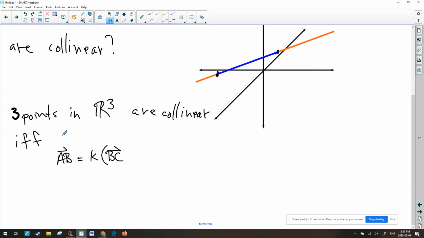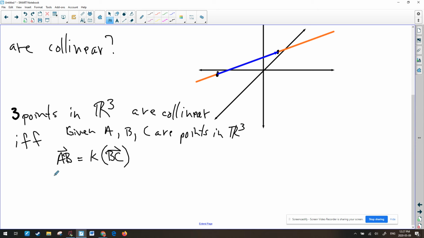Given the points A, B, and C are points in R3.